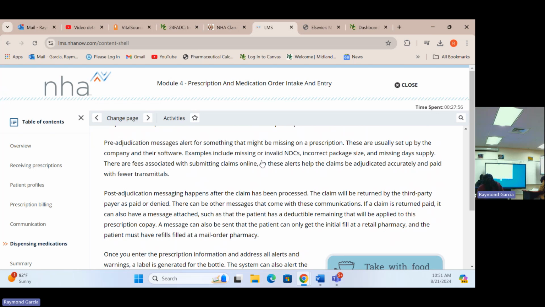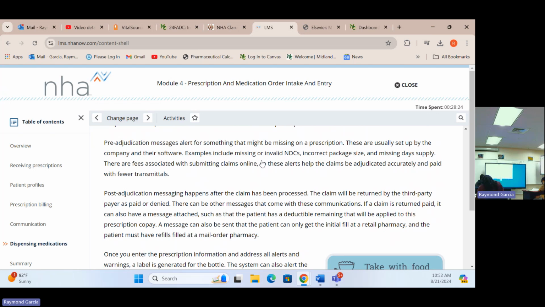Pre-adjudication messages alert for something that might be missing on a prescription. They're usually set up by the company and their software. Examples include missing or invalid NDCs, package size, or missing days supply. There are fees associated with submitting claims online, which help the claim get adjudicated accurately and paid with fewer transmittals.